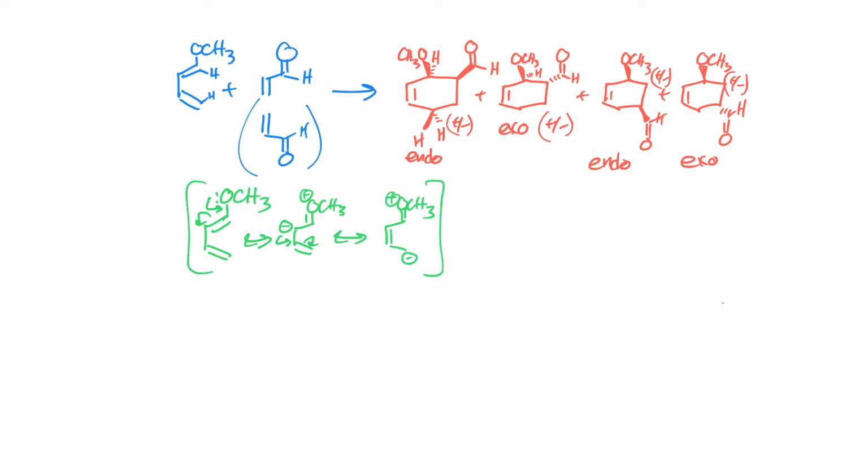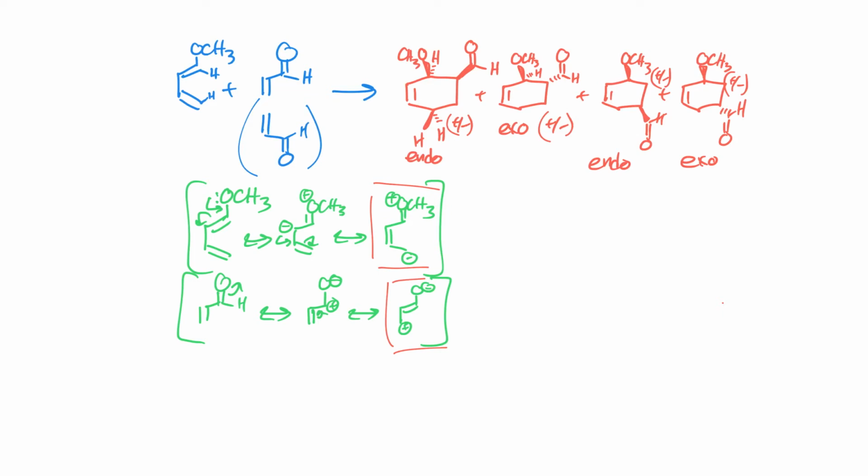There are the 3 resonance patterns for the diene, and of course the resonance patterns for the dienophile are like this. And one more. And so the most important ones for us are going to be these last ones.